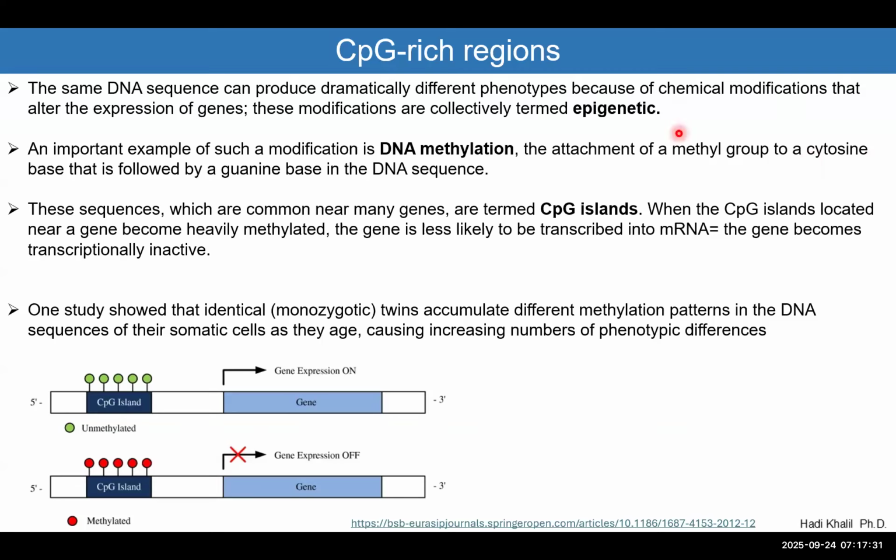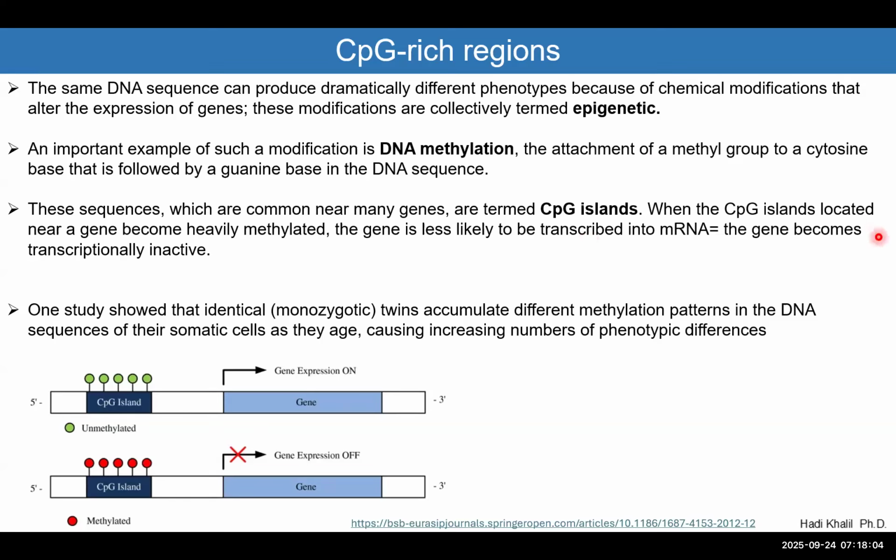And normally when this C is followed by a guanine, which is the G of the DNA sequence, they form what we call the GC-rich region or the CpG islands. This means this is a region where you have CG, CG, CG, CG, and then the C has a methyl group on it. Then we can call this a GC-rich region or a CpG island. Okay.